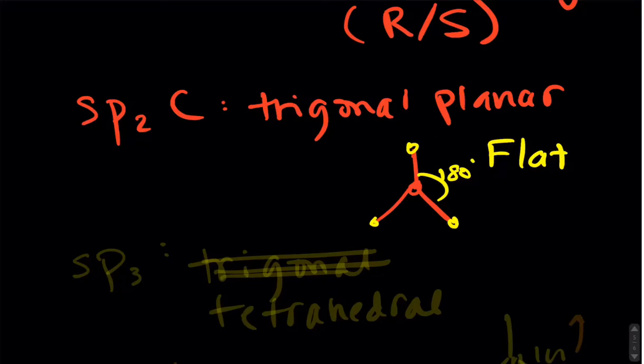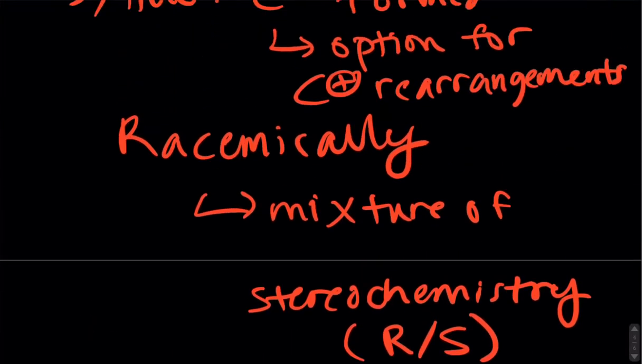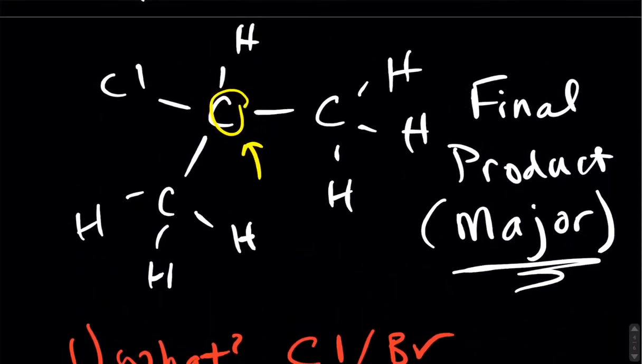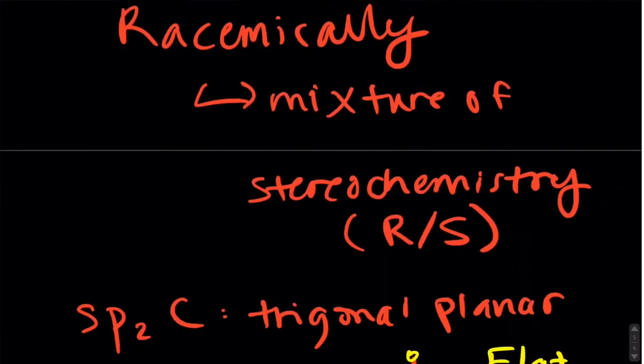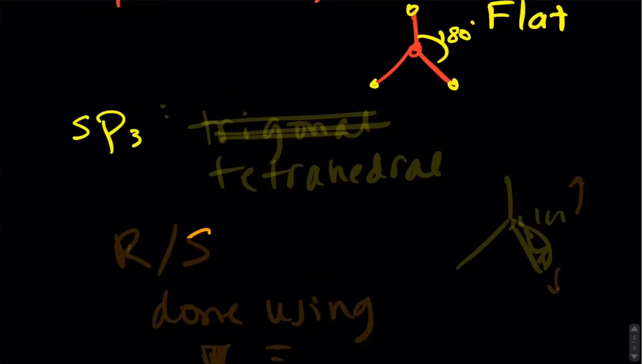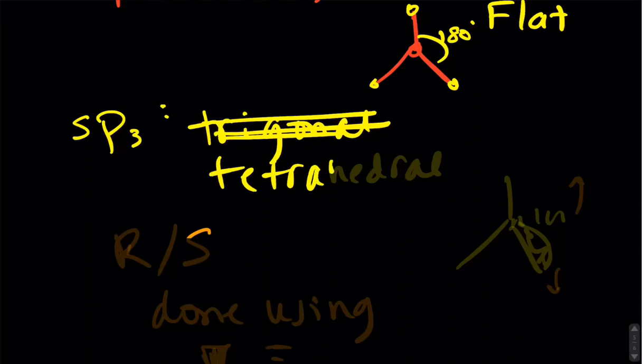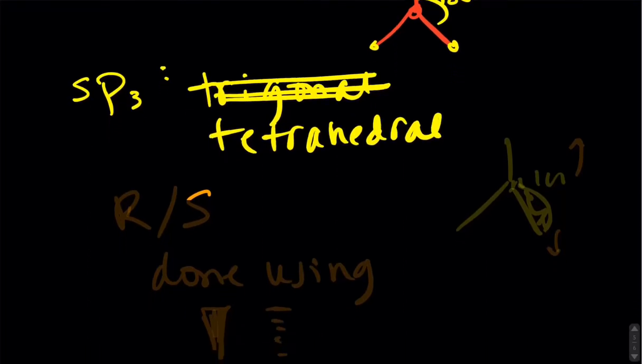This being said, whenever we come up to our final product right here, this is an sp3 molecule, because it has 4 regions of electron density. So that means it is tetrahedral. And this is not a flat shape.